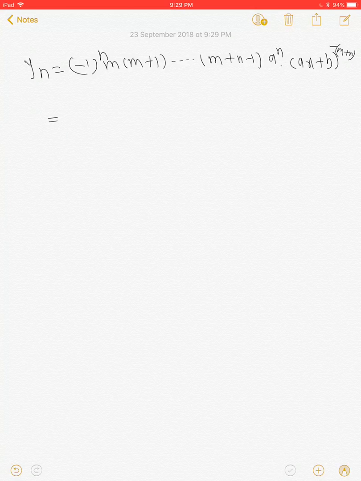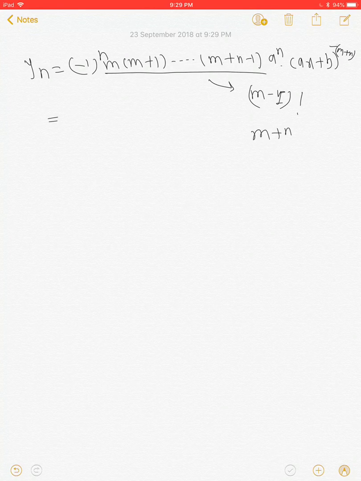Here the terms are starting from m. So if we multiply this term with m minus 1 factorial, then the numerator gets converted into m plus n minus 1 factorial. As we are multiplying this here, we have to write the same term in the denominator.